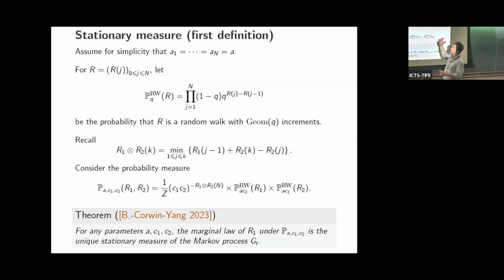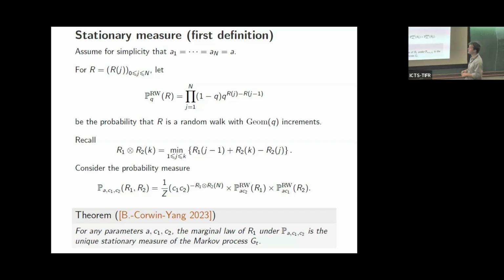But I will put a probability distribution on R1, R2, being the probability that R2 is a geometric random walk, the probability that R1 is a geometric random walk, times something. And this reweighting factor is C1, C2, the two boundary parameters, raised to the power the value of my Pitman transform at the endpoint.